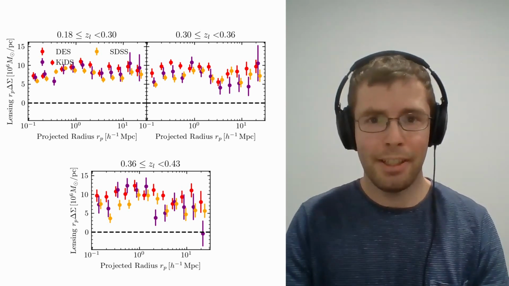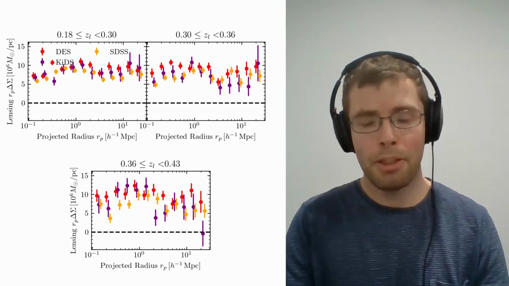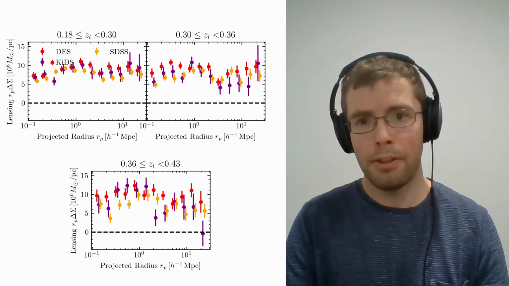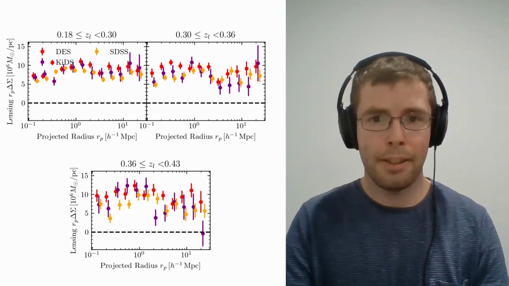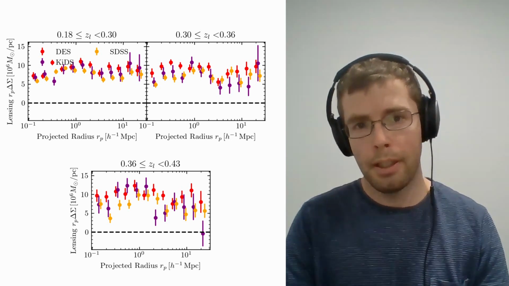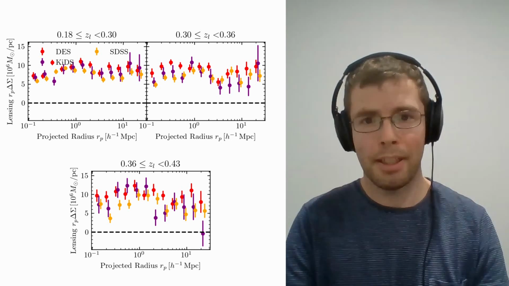What you can see here is that in terms of statistical constraining power, the SDSS measurements are actually still very competitive. You can see they actually have the highest signal-to-noise, especially on large scales. But as I said, DES and KiDS have vastly improved systematic calibrations, because of which we have much more trust in the lensing measurements of DES and KiDS.